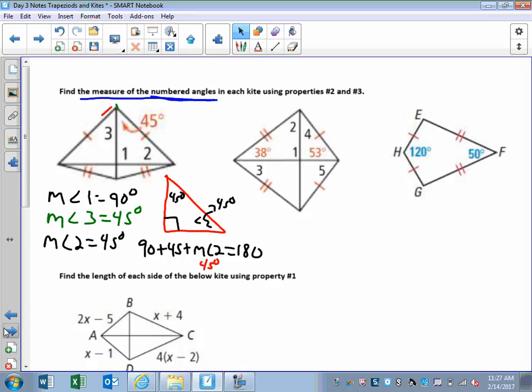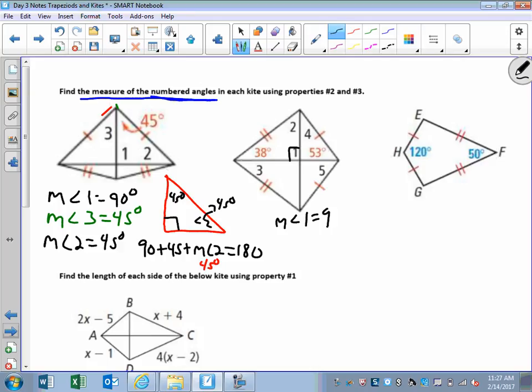Okay, now if we look at the second one, angle 1, where the diagonals cross, we know it's going to be 90, because kites have perpendicular diagonals. They turned the kite for the second example, so the diagonal that's cutting the angles is actually going left to right now instead of up and down.